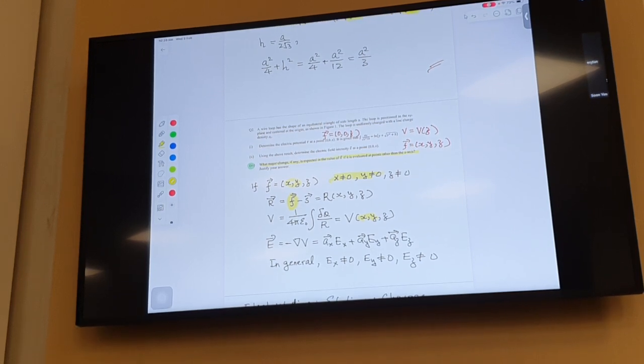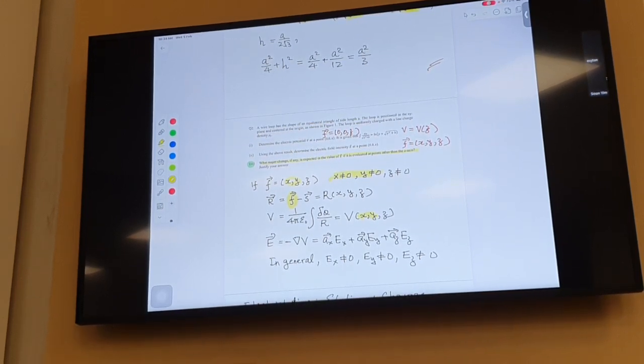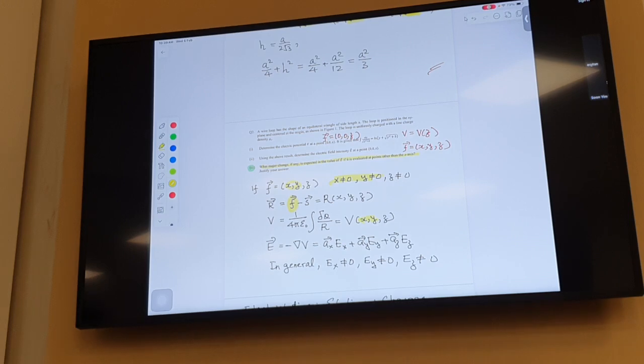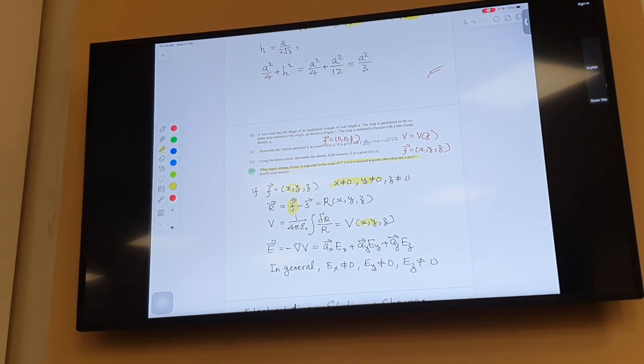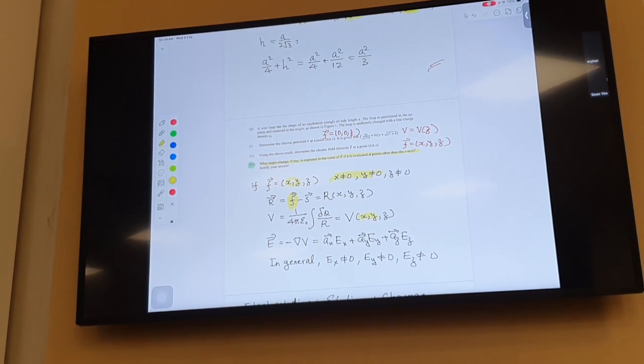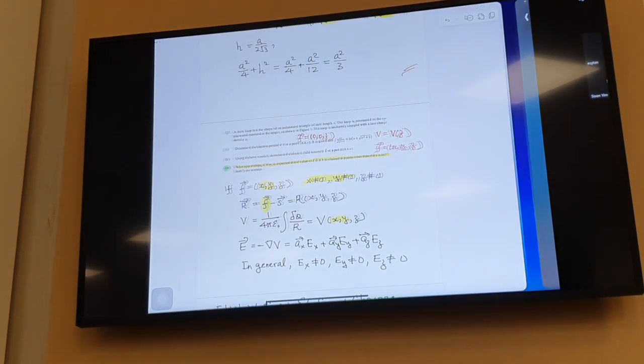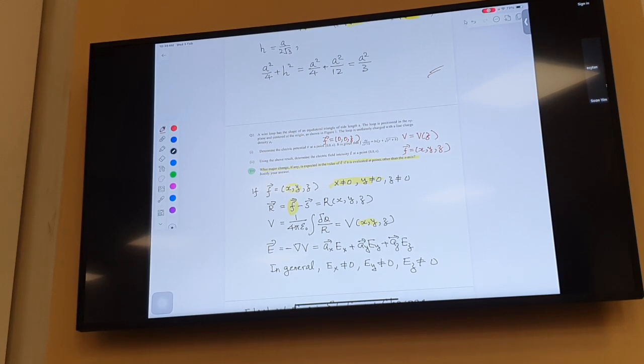But if we are at any point other than that, where x and y are non-zero, there is no symmetry, and your vector r will in general be (x, y, z). For completeness, this must be a vector. And the distance r is also the same. Your result for r will be the square root of x squared plus y squared plus z squared, all involving x, y, z, which means your E field can in general have three components, x, y, and z, rather than just along z.